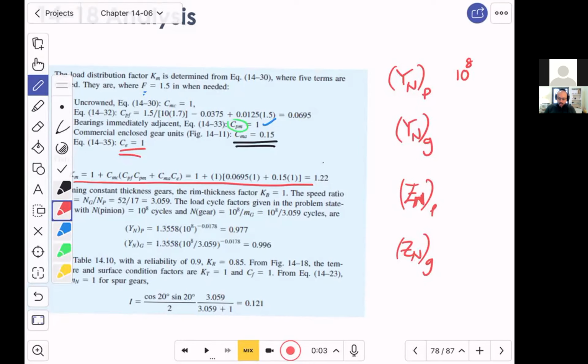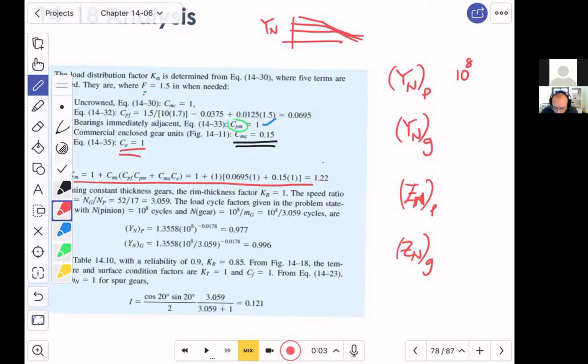Now, there are curves for Yn, each one having a single equation with it. But the book was cooperative, and in this problem, the book gave us the equation.